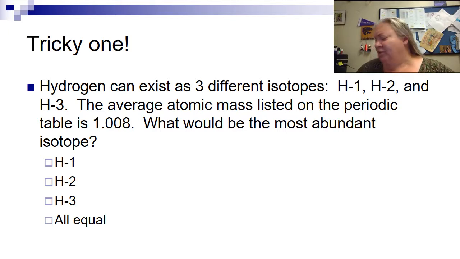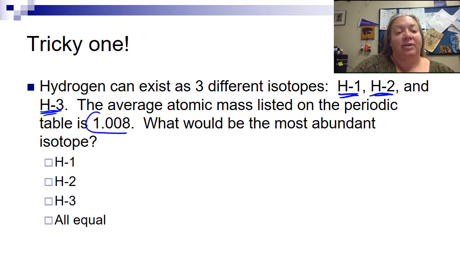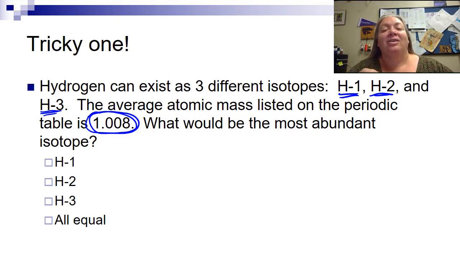Now, this one is kind of tricky. It makes you think. There's actually no math associated with this particular problem. One thing you do have to realize is that H1 has a mass of 1, H2 has a mass of 2, and I'll let you figure out what H3 has. It has a mass of 3. And we're trying to figure out if the average is closest to 1.008, well, what's going to be the highest percentage?